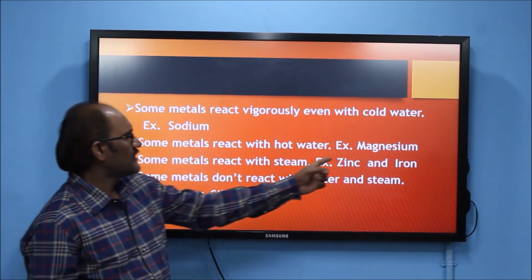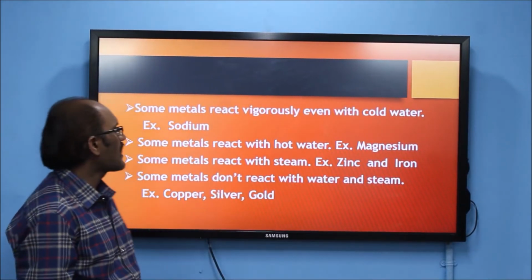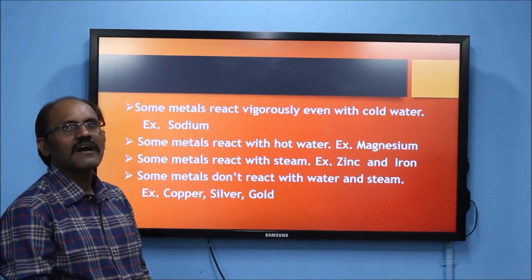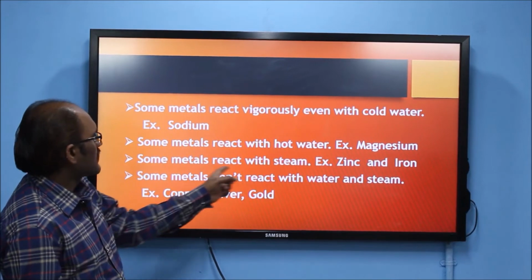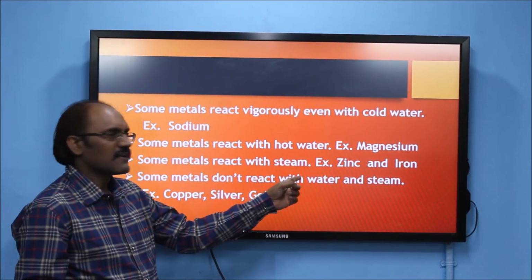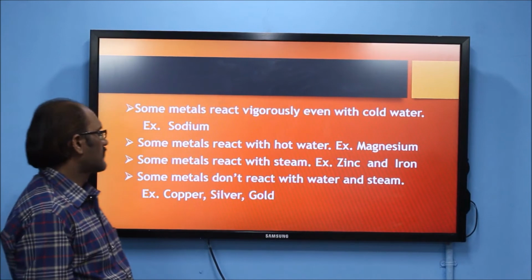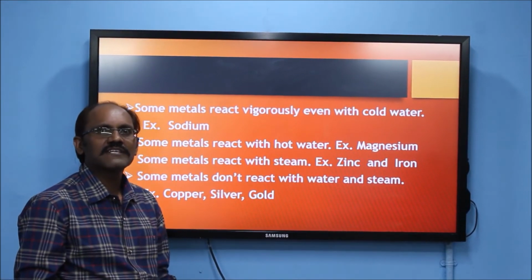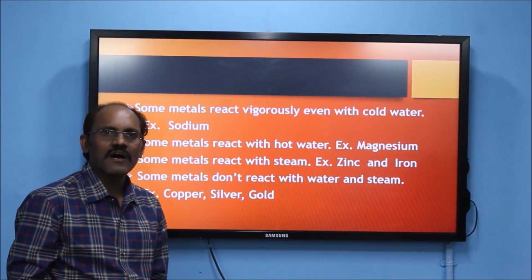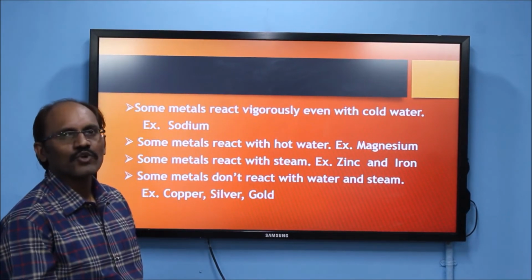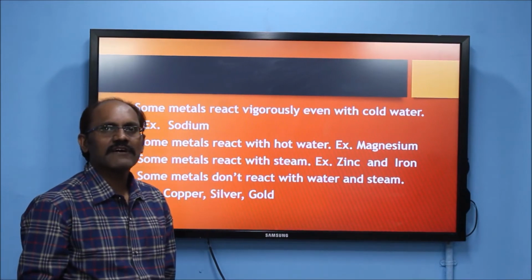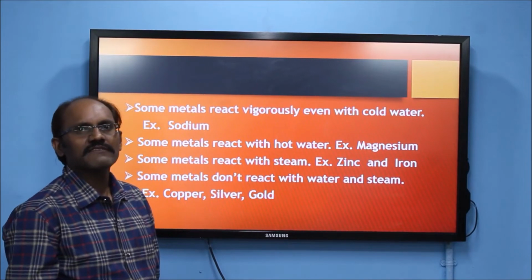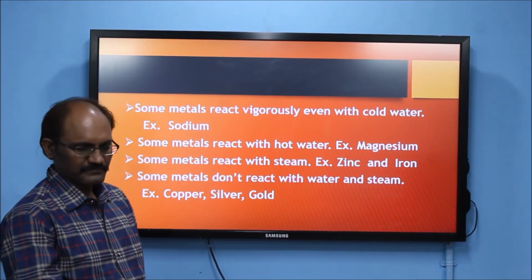And there are some metals like magnesium which can react with hot water to form its metal hydroxide and hydrogen gas. And there are some metals which react with steam like zinc and iron. And some metals don't react with water vapor or steam also. For example, copper, silver and gold. Copper, silver and gold, these are the three metals which don't react with water vapor also.